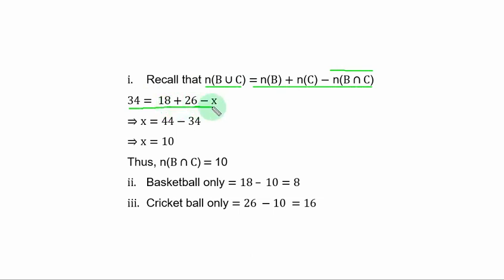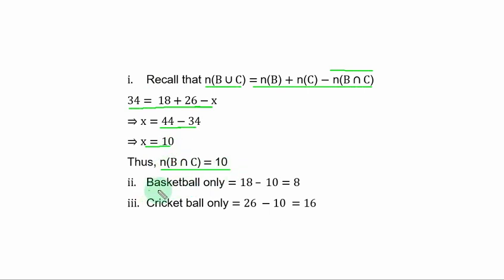If you transfer S to the left side, it becomes positive. 18 plus 26 is 44 minus. You transfer this, it is minus 34, and you have 10 as the intersection.